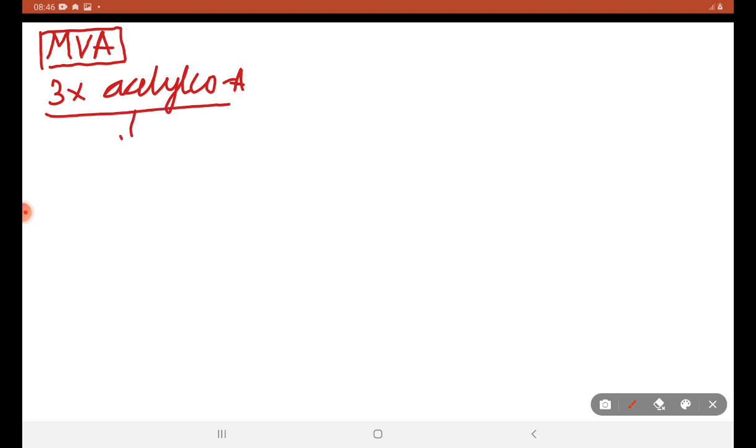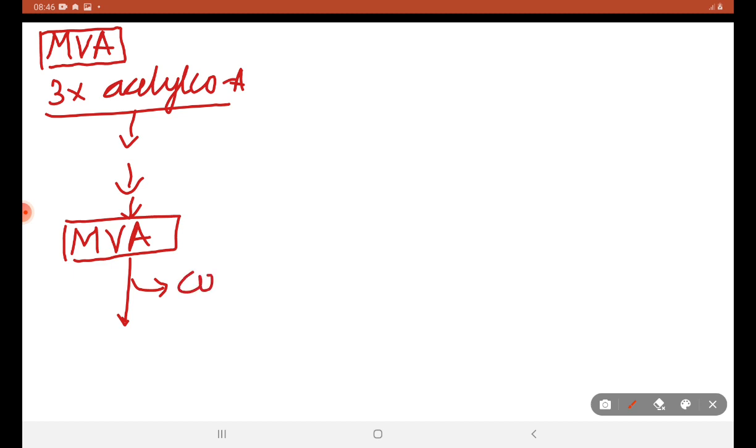First we are going to see the mevalonic acid pathway, in which 3 molecules of acetyl-CoA undergo a series of reactions and are converted into mevalonic acid. And they undergo decarboxylation, dehydration and pyrophosphorylation to form isopentenyl pyrophosphate.